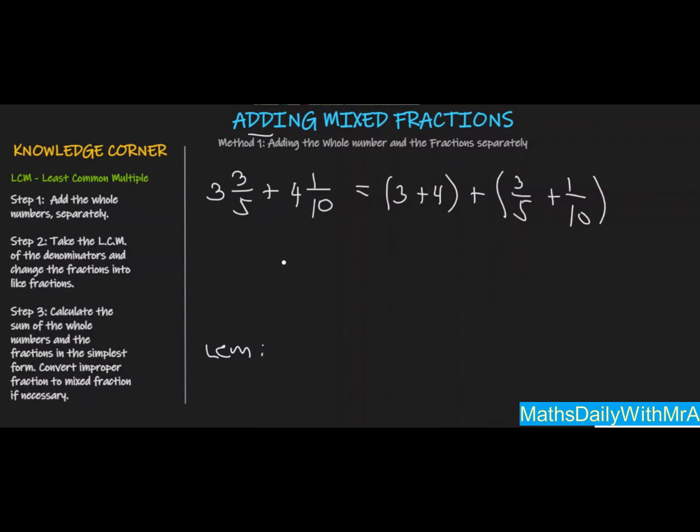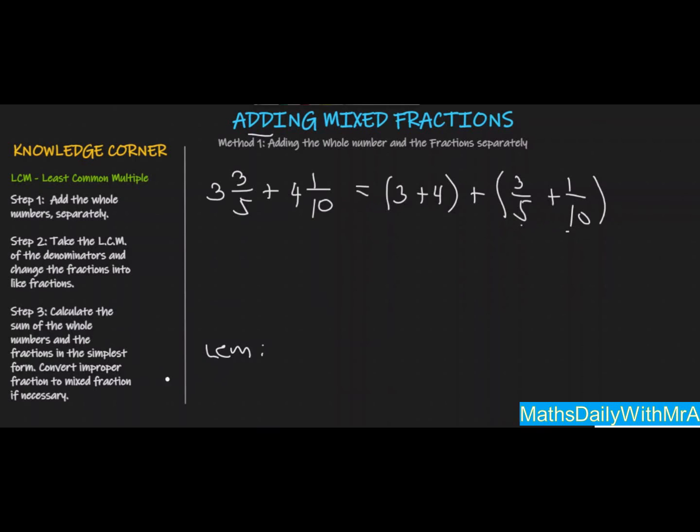Before we proceed to adding the whole numbers and the fractions, we need to find first the least common multiple of 5 and 10. The question is, what is the common multiple of 5 and 10?